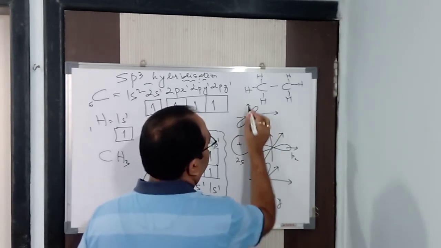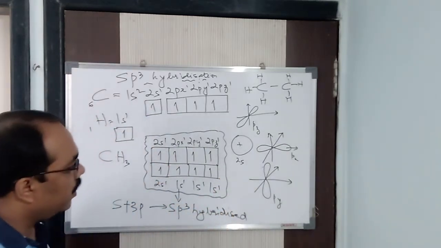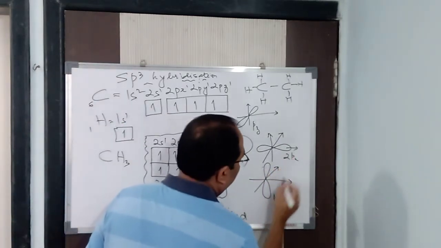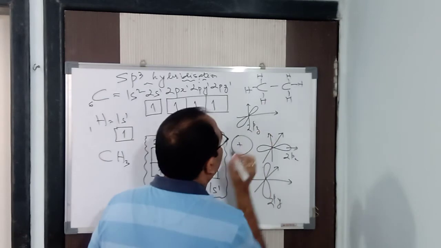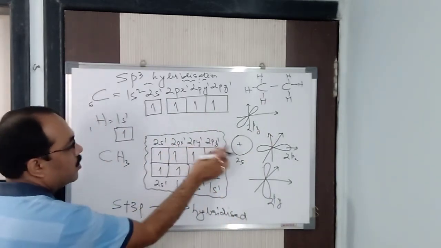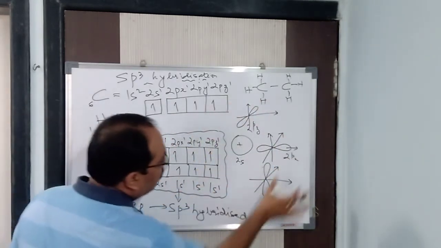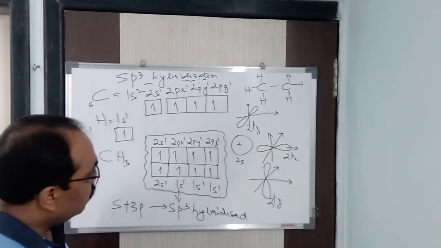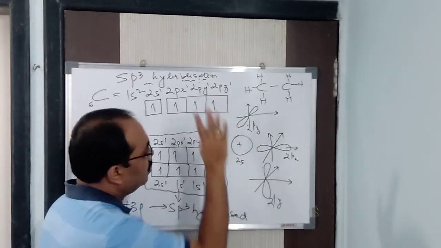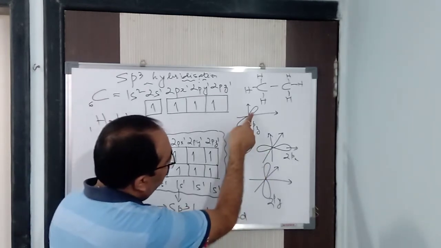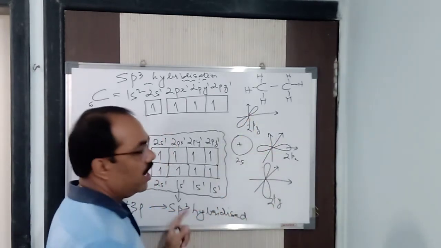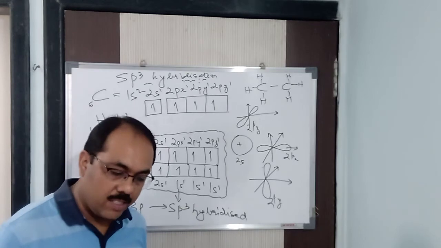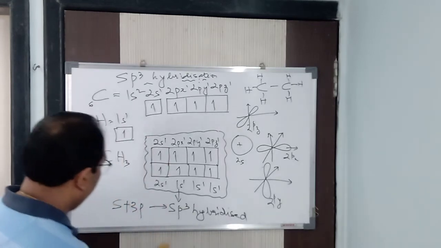This one I have drawn smaller, as I don't have the space here. So this is your 2px, 2py, 2pz and 2s. These are the subshells which are going to participate in hybridization. Got it? You can take x as this, y as this, and z as this. Any one you can take. I told you, it has nothing to do with the coordinate axis.